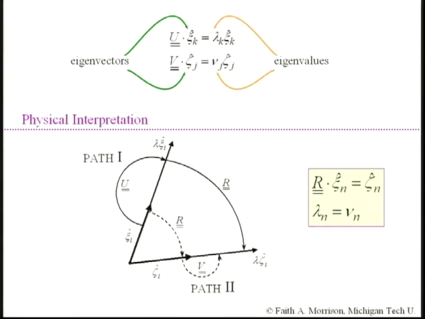So in the case of V, you start with the eigenvectors of V, you rotate first, and then you stretch, and you get to the final result. The eigenvectors of V and U are only related by the rotation tensor. They have the same eigenvalues.